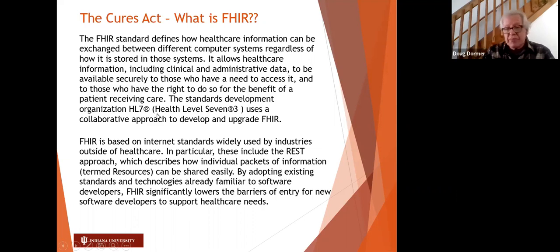In standards development, HL7 uses a collaborative approach to develop and upgrade FHIR. But remember what we said a little while ago. One of the exceptions for not sharing involves when the information in that record is not prescribed by FHIR or by USCDI.